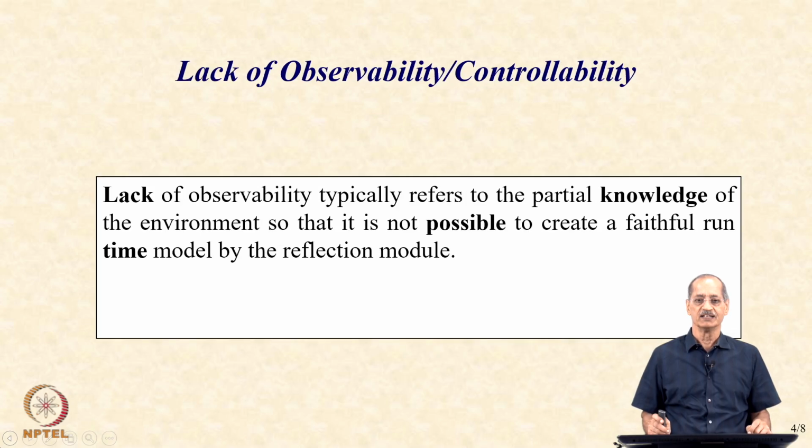Let us now look at a reflection element which is typically in the form of lack of observability and controllability. So, when we look at the basic issue of lack of observability, it typically refers to the partial knowledge of environment, which essentially means that suppose let us say that a picture is rich in color and that the color is important in terms of creating the environment model.